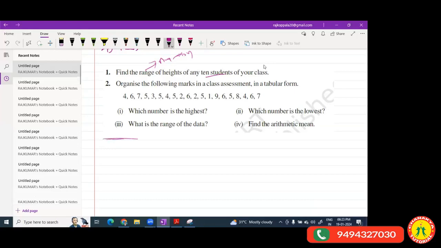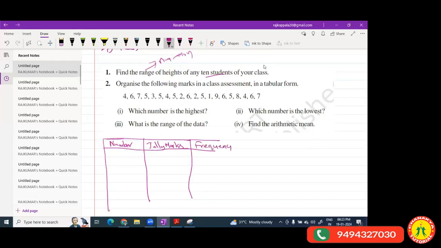See how to write in tabular form. First here we will write the number, over here tally marks, and here frequency.